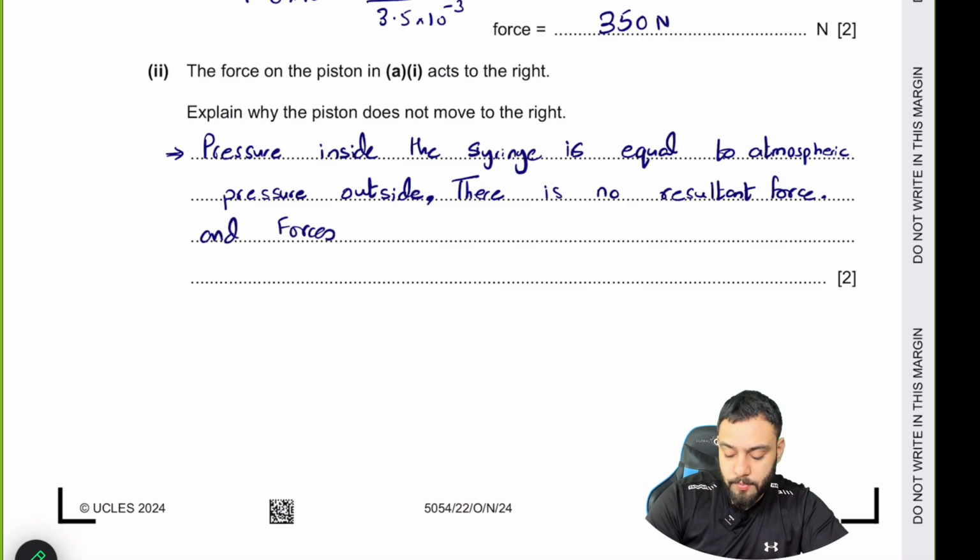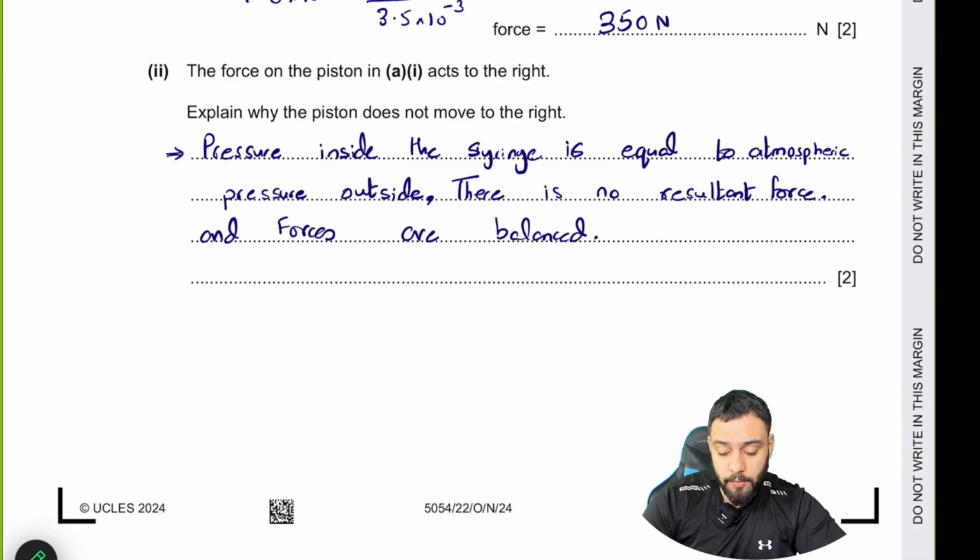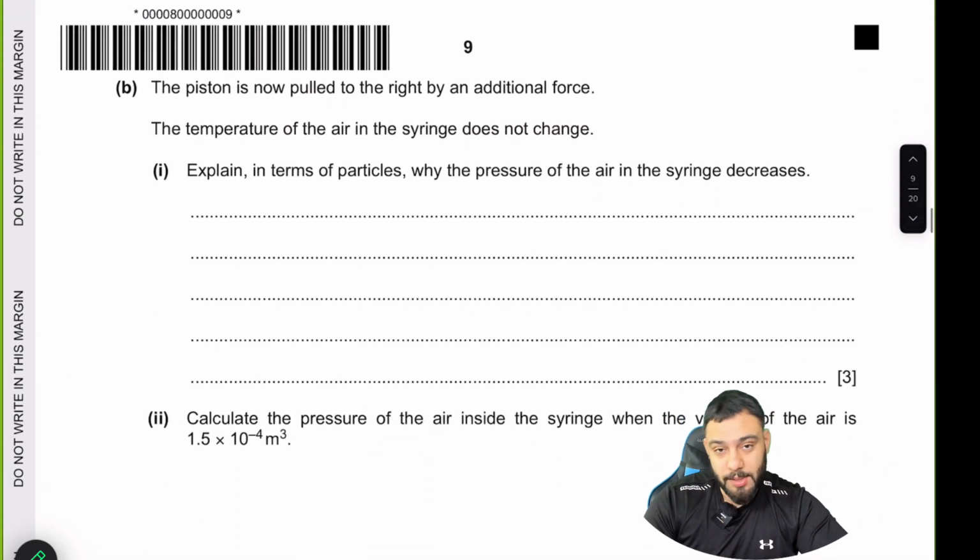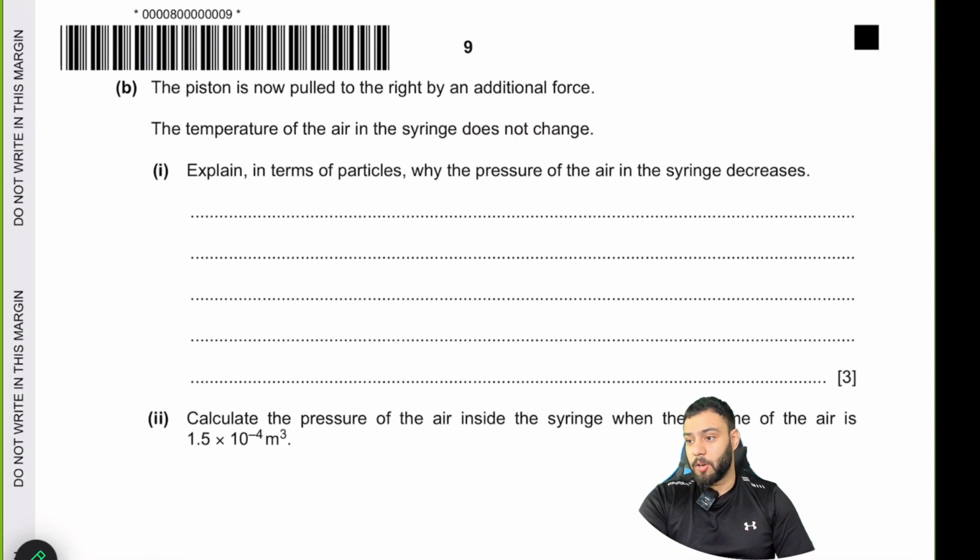So that's why it is not moving. If something's at rest and they're asking why it is at rest, a very common answer is that it does not have a resultant force. In order to move something, you always require some extra force. That's pretty much it. So the answer is going to be along those lines.